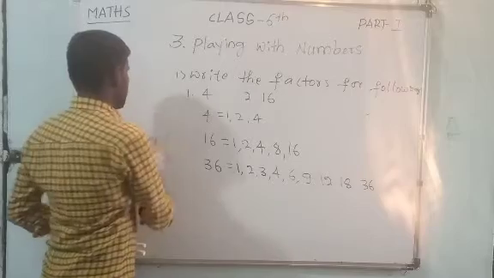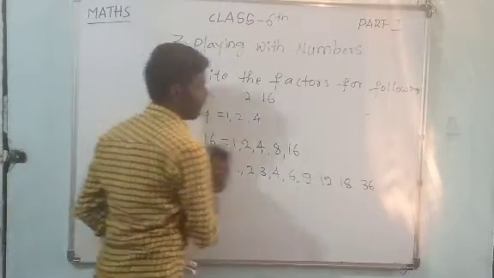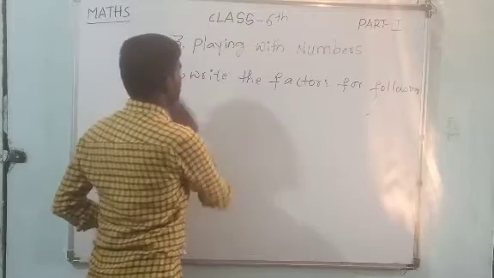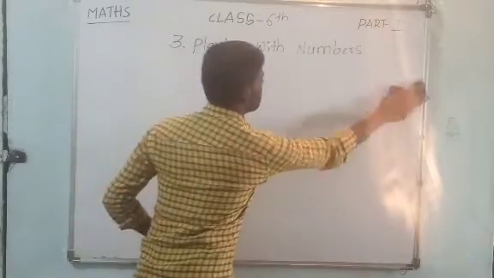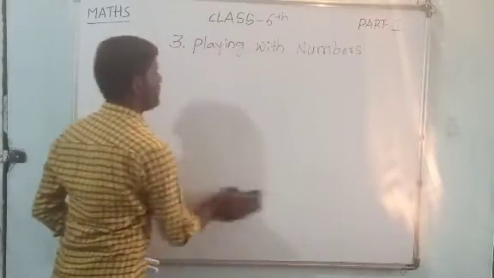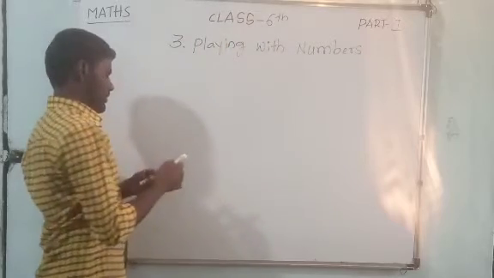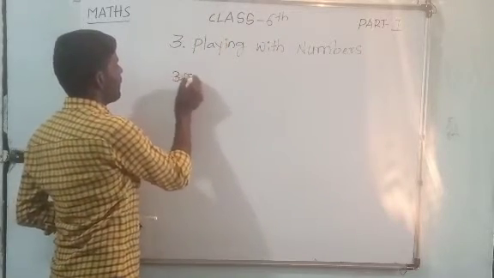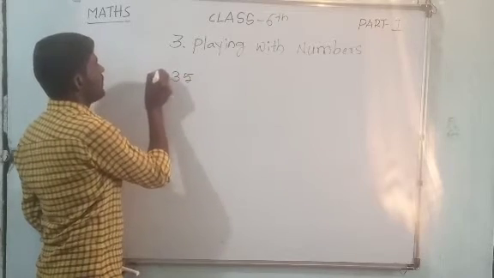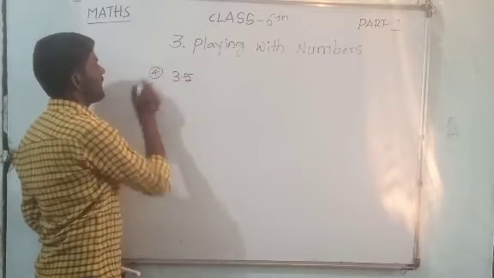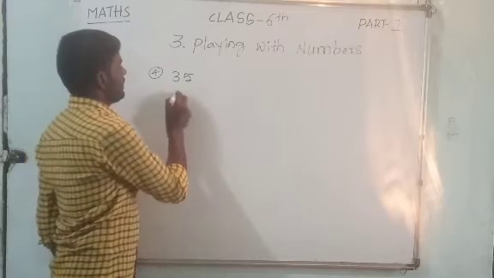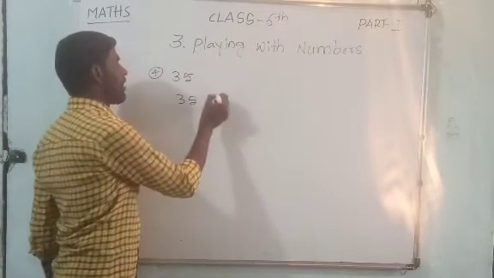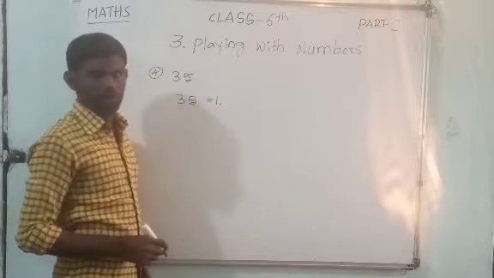Let us see a few more examples. Write the factors for the following. Example 4, dear children: 35. 1 is a common factor for all numbers.